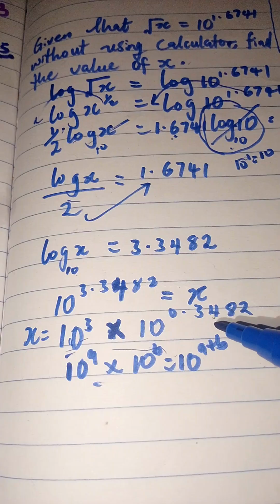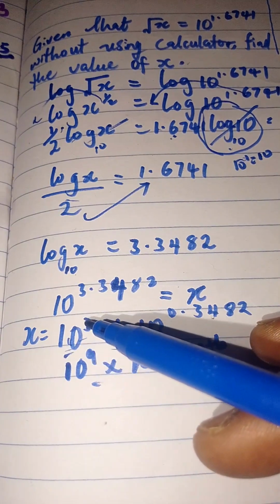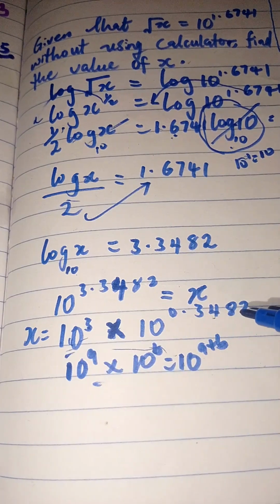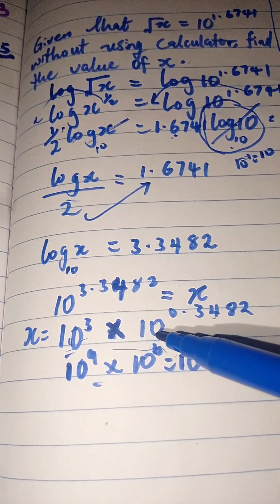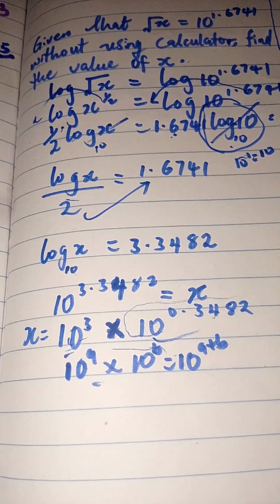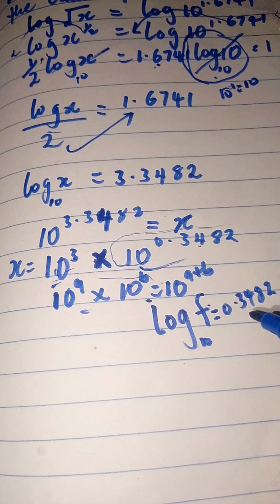Why is it log inverse? You already know that 10 raised to the power 3 is 1000. But for 10 raised to the power 0.3482, you want to use your tables. Let me explain. You can write this as the logarithm of f to the base 10 equals 0.3482.